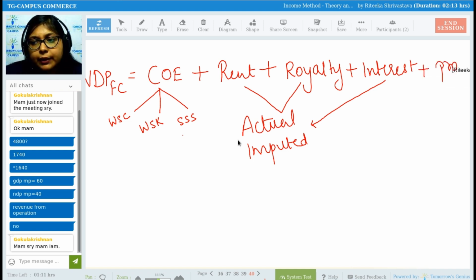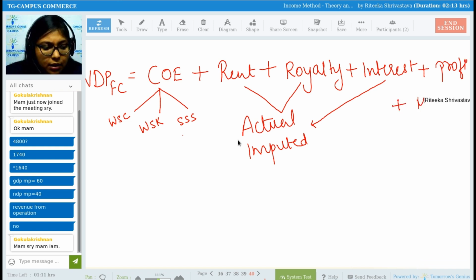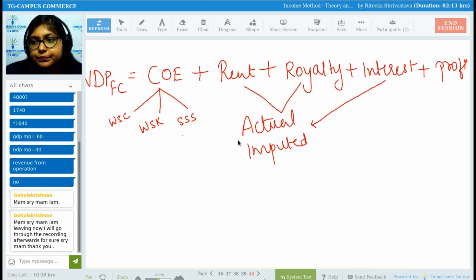Next was profit, which is divided into three parts: corporate tax, dividend, and retained earnings.